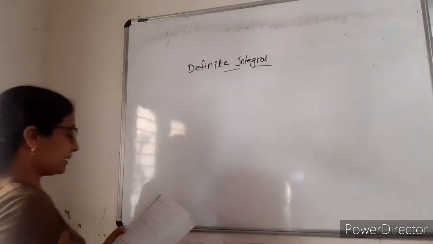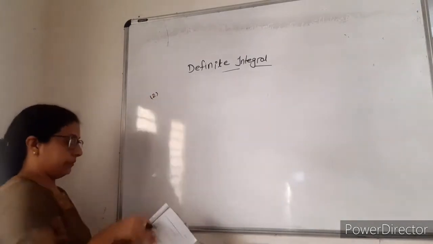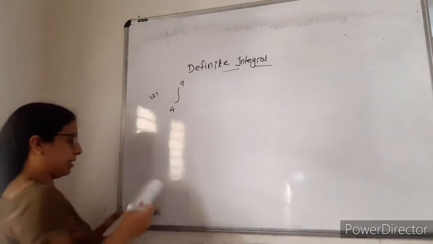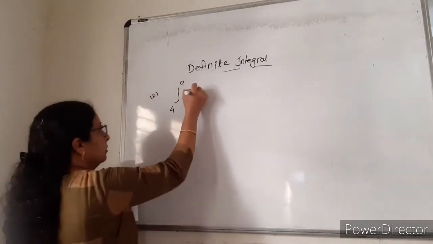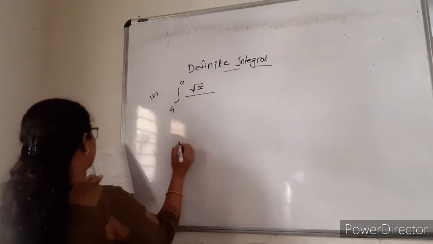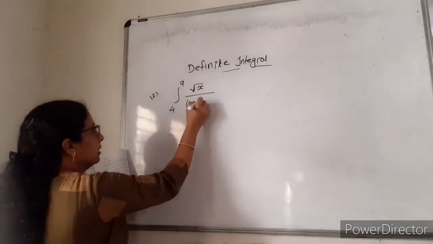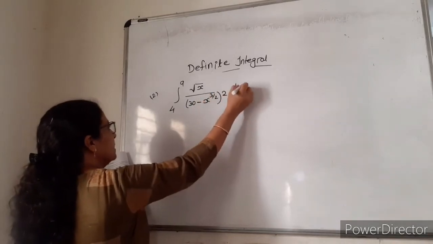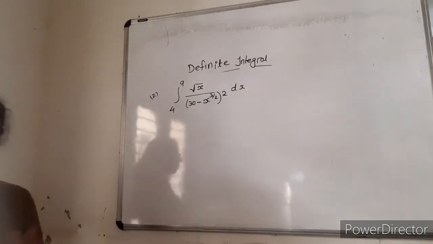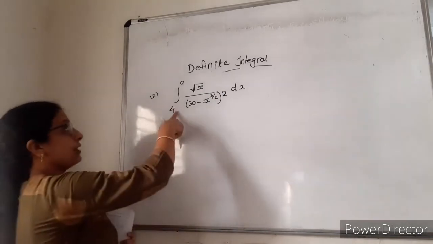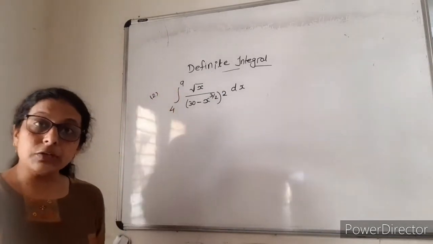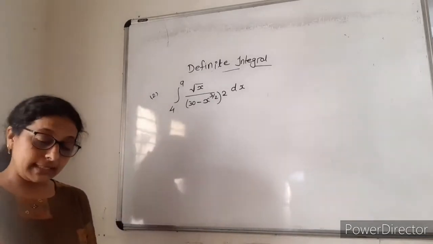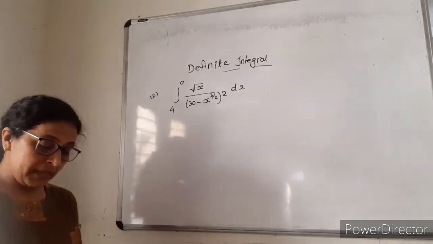Okay. The next example is, here it is, integration from 4 to 9 of root x upon (30 minus x raised to 3 by 2) whole square dx. Now, what is the difference? That is only the limit is given. First of all, we will find the integration of this, as we used to do.